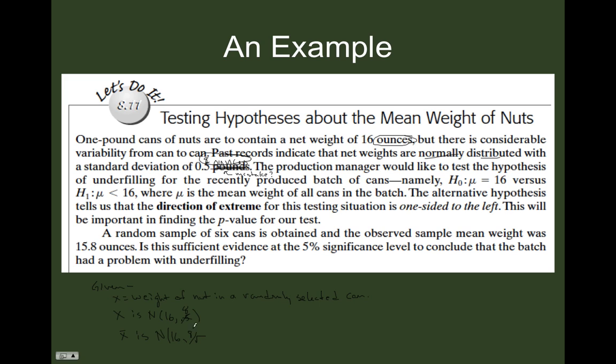Here's a random sample of 6 cans, so n is 6. So this is X bar's distribution. And the other thing we're given here is the sample mean is 15.8 ounces. Is this sufficient evidence at the 5% significance level to conclude that the batch had a problem with underfilling?